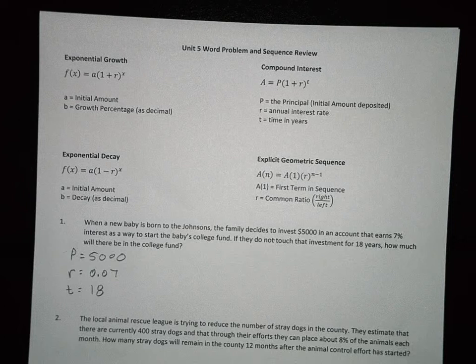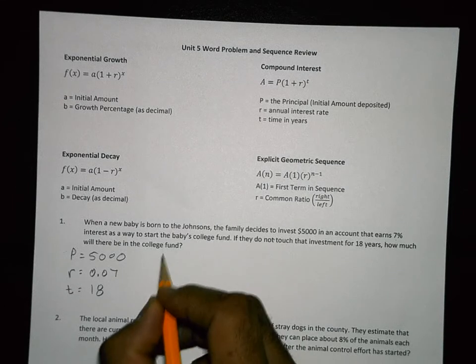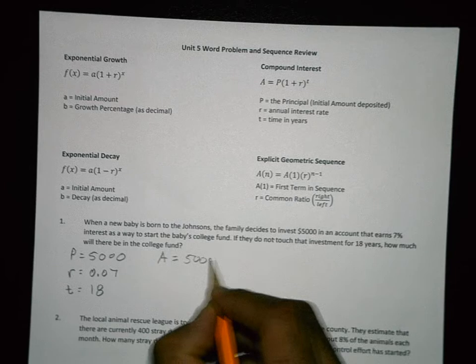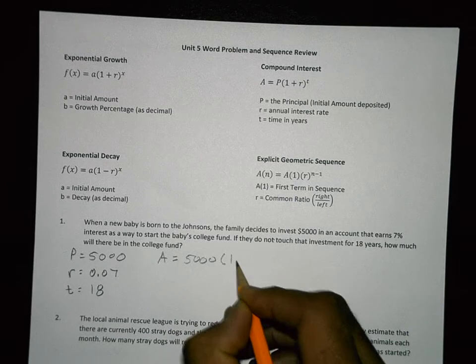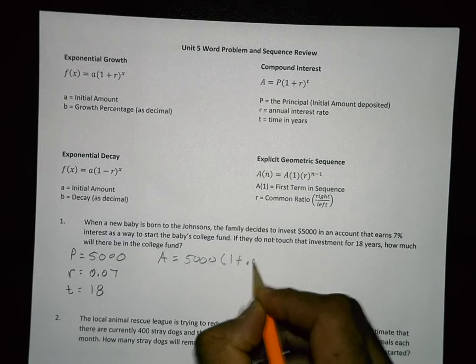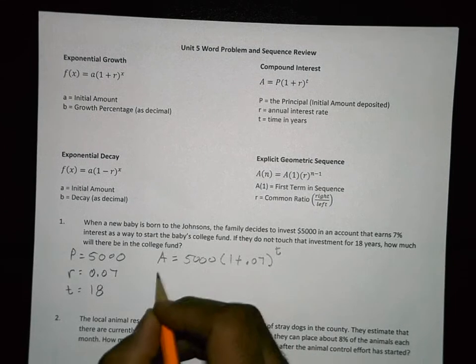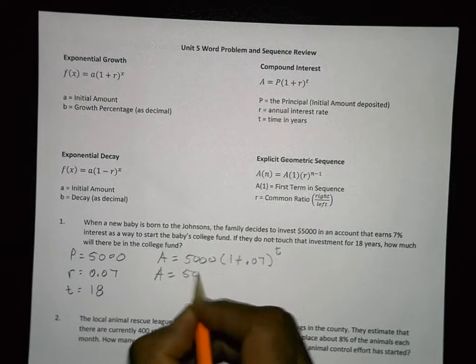So setting up my function, I'm going to say A equals the principal times the rate plus the 1 to the t. Okay. So then I can go ahead and simplify that a little bit.